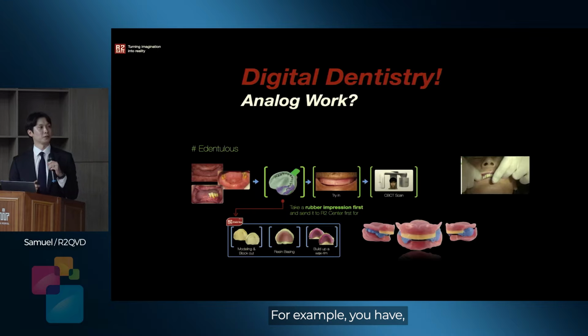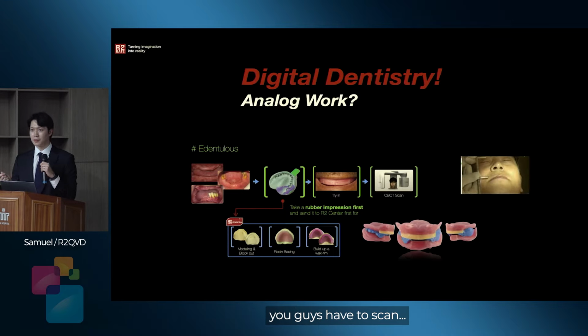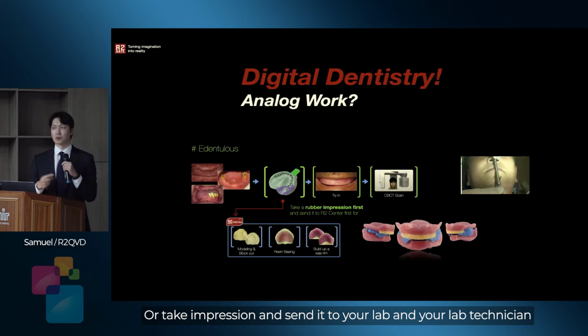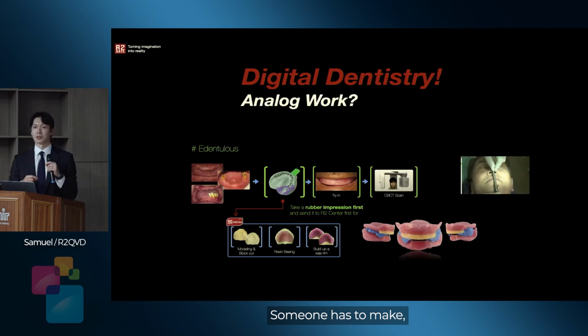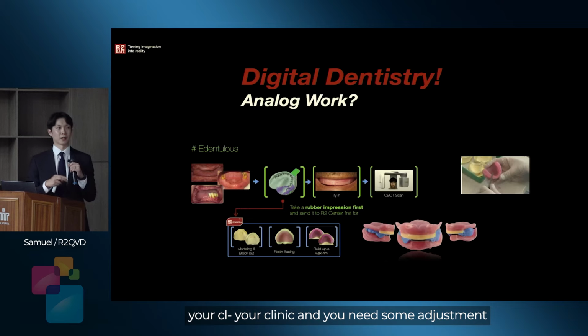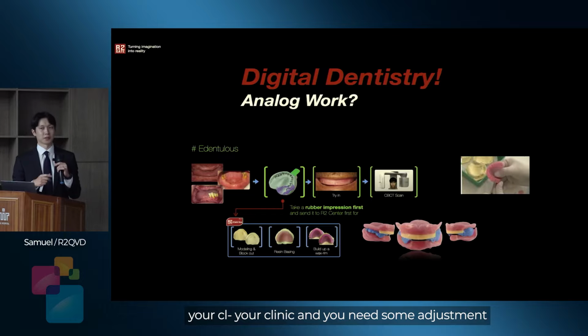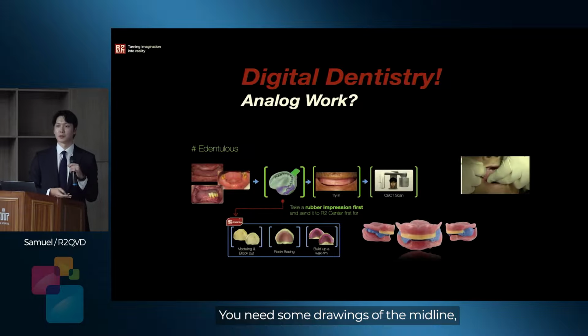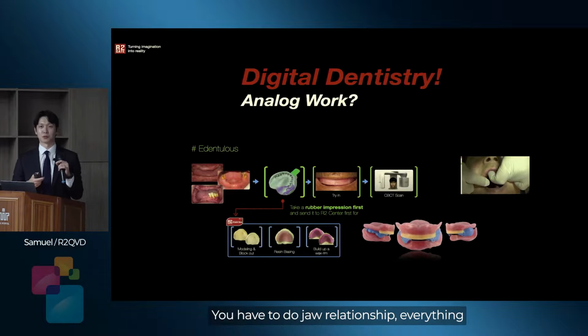For example, you have to scan or take an impression and send it to your lab, and your lab technician has to make a wax rim. The patient has to visit your clinic once again, and you need some adjustment, drawing the midline, drawing the smile line. You have to do the jaw relationship, everything.